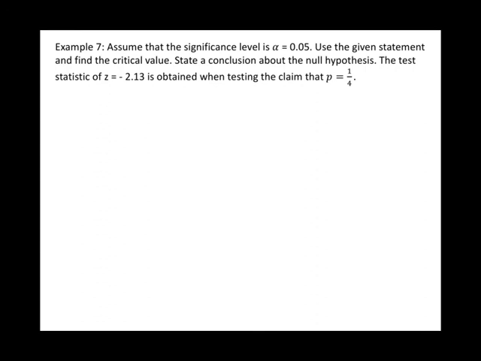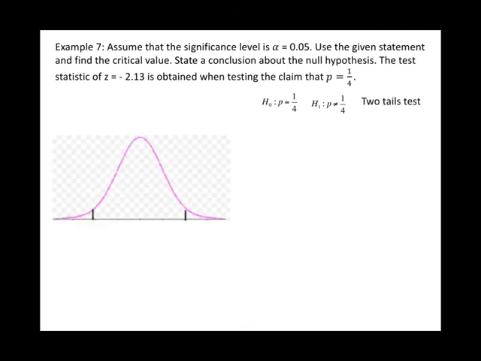Same example, we're going to use the critical value method. So write down the null and alternate hypothesis. This is going to be the two-tailed test, right? Okay, we have this picture.